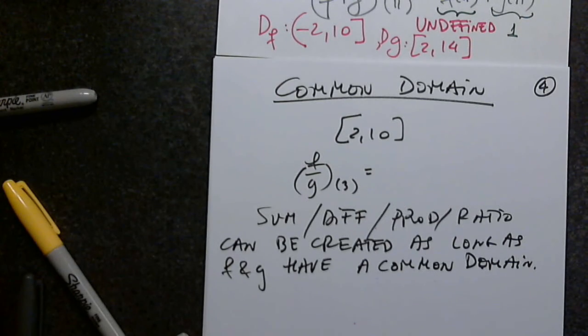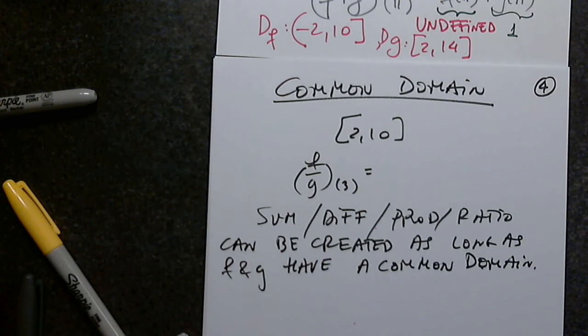Otherwise, nobody cares about functions that don't exist for any x value. So sum, difference, product, and ratio can be created as long as F and G have a common domain. If they don't have a common domain, there is nothing we can do about it.